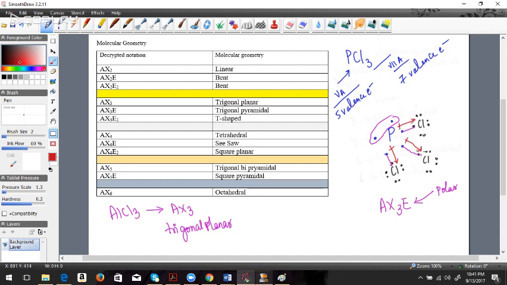So overall, the molecule is polar and the bonds are also polar covalent. Why is it polar? Because of the lone pair. Lone pairs have a key role to play when it comes to molecular polarity. Okay, so AX3E is polar and the molecular geometry is trigonal pyramidal.